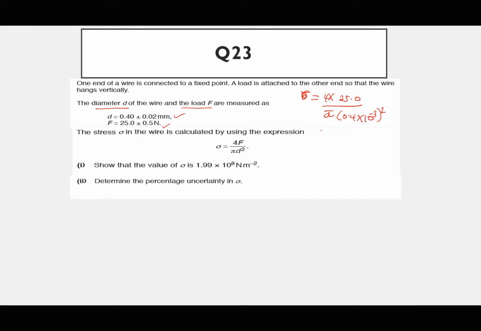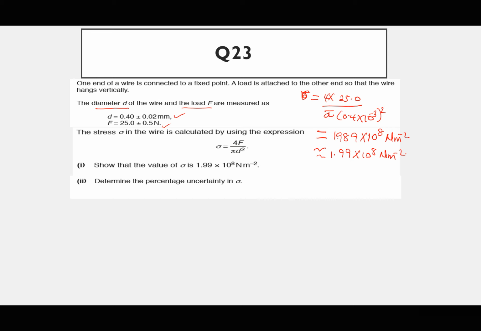When I simplify this, it is giving me 1.989 times 10 power 8 newtons per meter squared. So this is approximately 1.99 times 10 power 8 newtons per meter squared, as required.